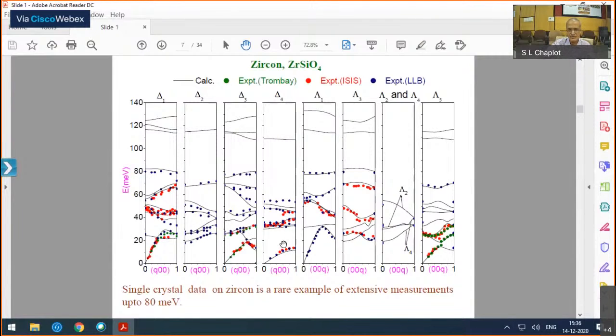It's not a rule, but depending on the point group symmetry, it is possible to identify the G vectors in reciprocal space where you can measure one of them exclusively, or only a combination of 1 or 2 of them, but not all 4. So that way it's a very useful method.